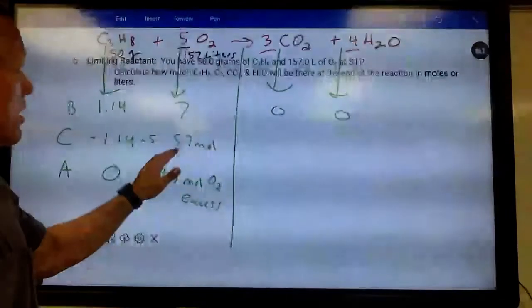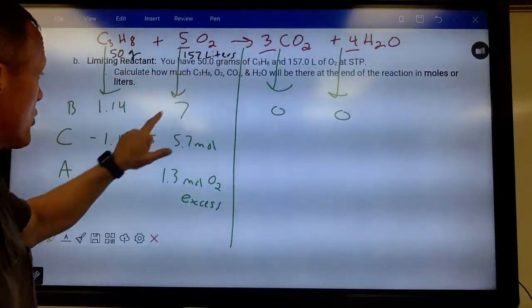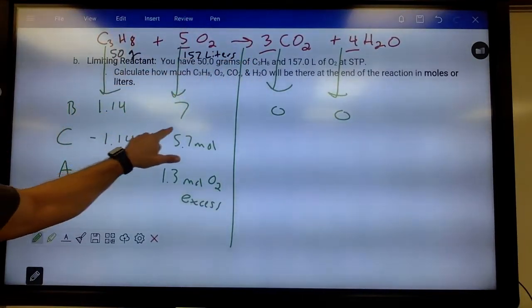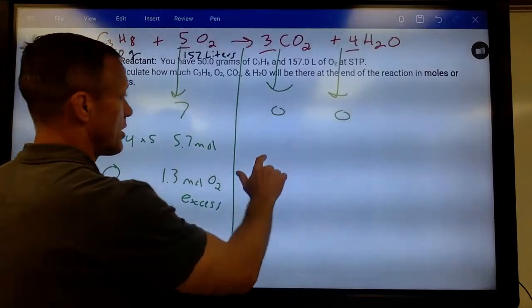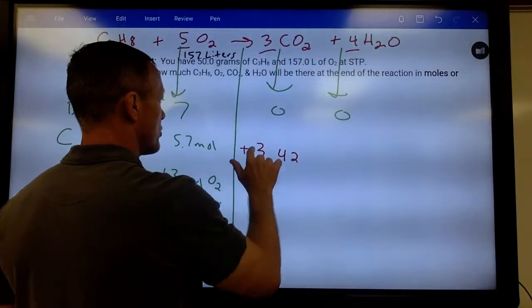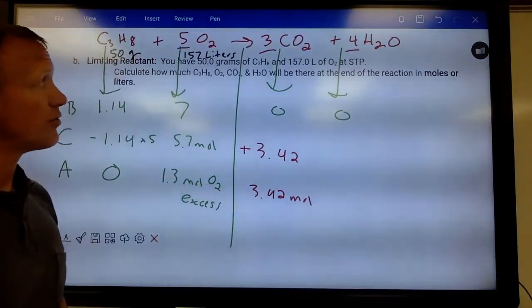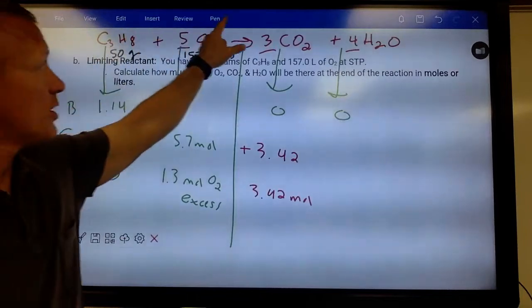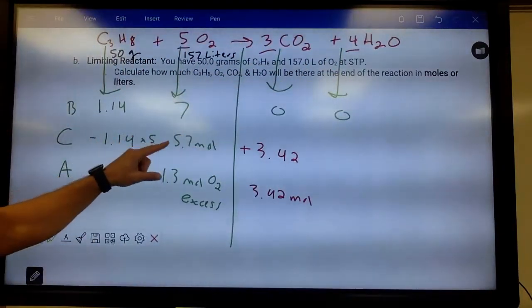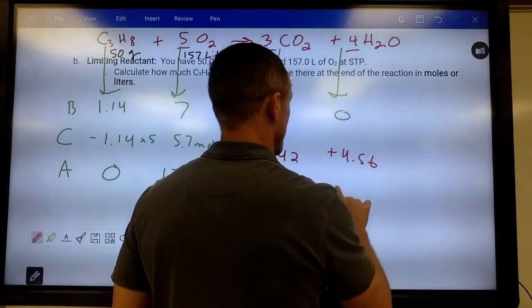On the product side, it's a 1:3 ratio, so multiply 1.14 by 3, going up by 3.42. So there's 3.42 moles of CO2 made. And with a 1:4 ratio, 1.14 times 4 is going up by 4.56, so there's 4.56 moles of water.